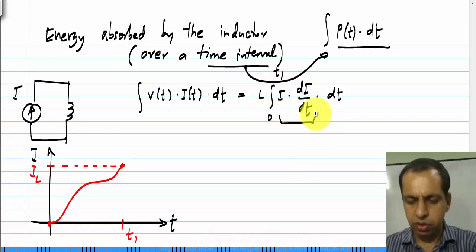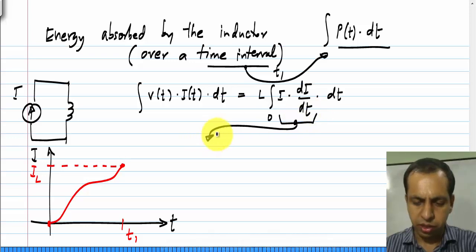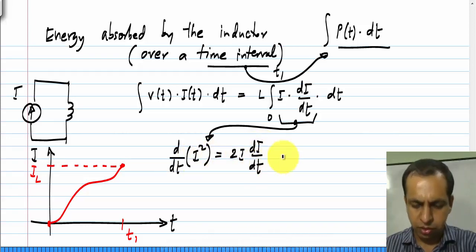As before, this looks a little complicated, but you easily see that this is related to the time derivative of the current squared, because d/dt of I squared is 2 I dI/dt.